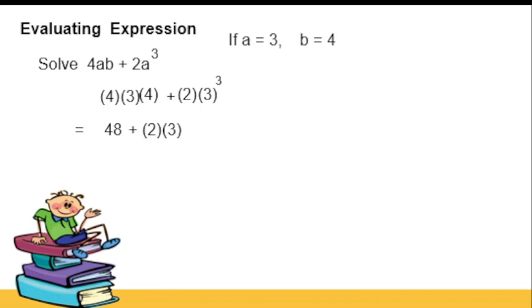That is equal to 9. Okay, so bring down 48, and then add 2 times 3 is 6, times 9 is equal to 54. Then add: what is the sum of 48 and 54? That is equal to 102.